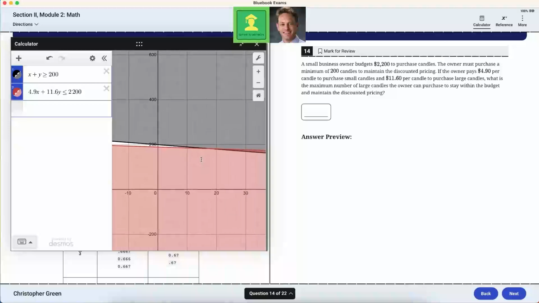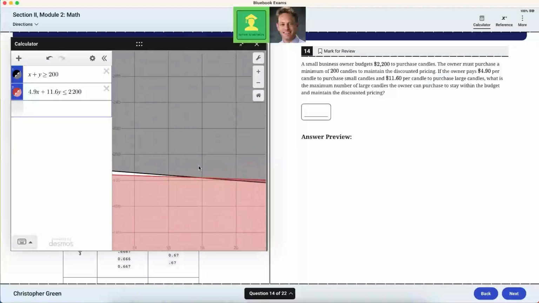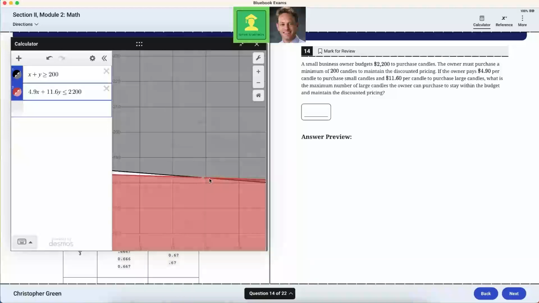Okay, so now you can tell that the overlap begins here. Now, will it tell you? Yes, it will tell you that the pair is 17.9, comma 182.1 effectively.